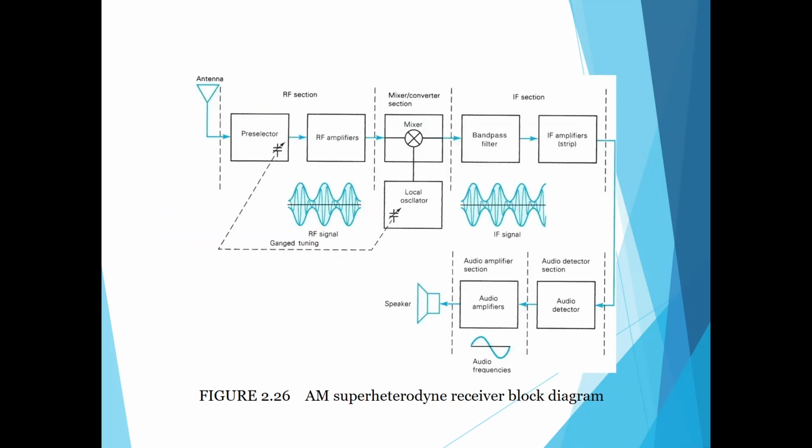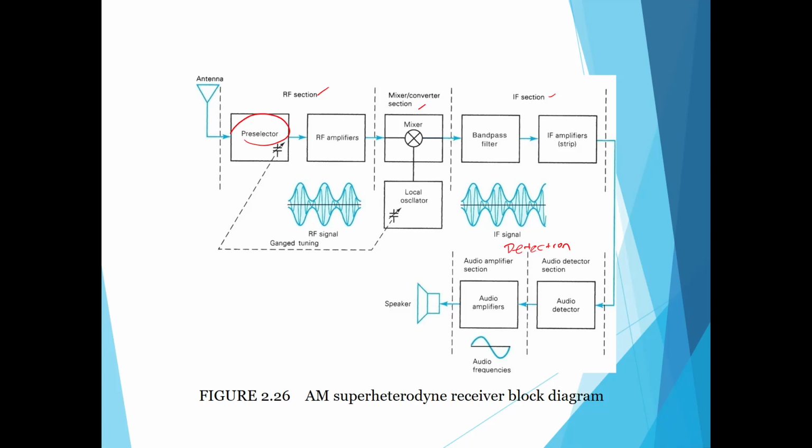So this is the super heterodyne receiver. How many sections do we have? We have the RF section, the mixer converter section, the intermediate frequency section, and the detection section. So we have four sections. The RF section consists of the pre-selector, which is the tune circuit.